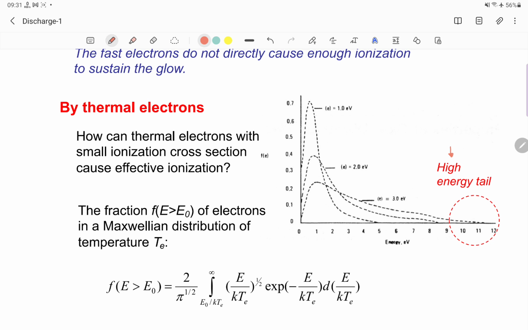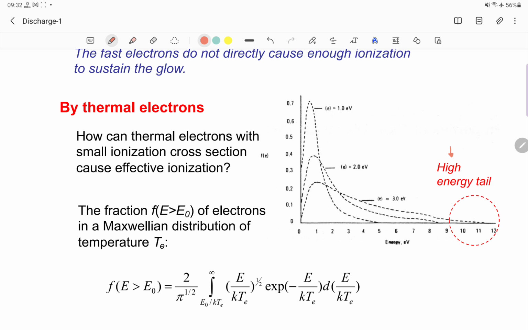Okay. So when we look at this energy distribution curve, we'd like to know the ratio of the high energy tail, because these electrons have energy higher than the ionization energy of the gas atom, so they can undergo electron impact ionization.